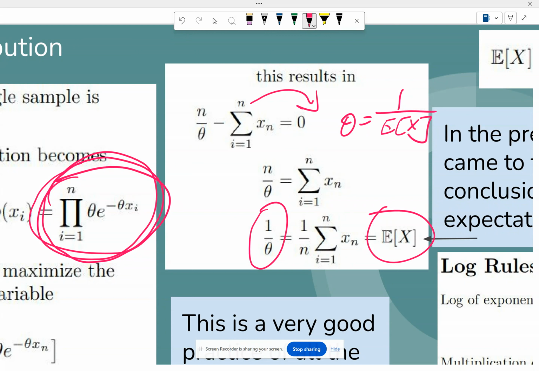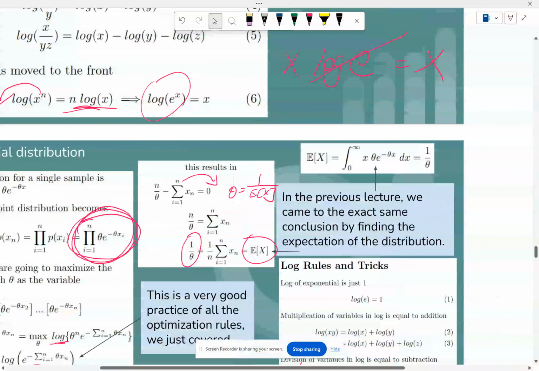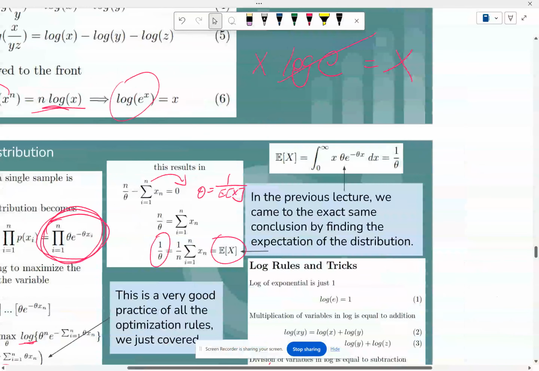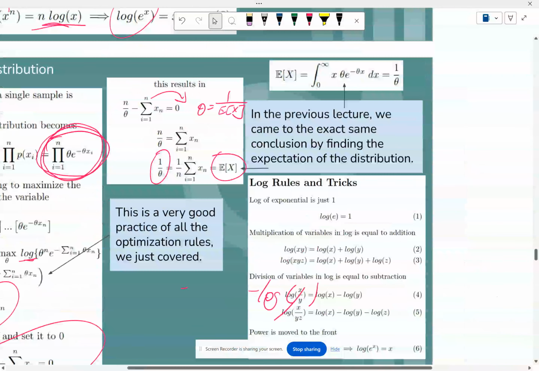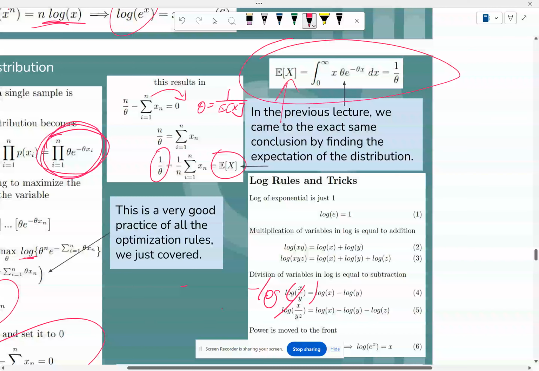This is the same conclusion you learned from the previous lecture, that for exponential distribution, you can use maximum likelihood, and through maximum likelihood, it actually arrives at the same conclusion as we did previously, which says that if you take the average, it's actually 1 over theta.